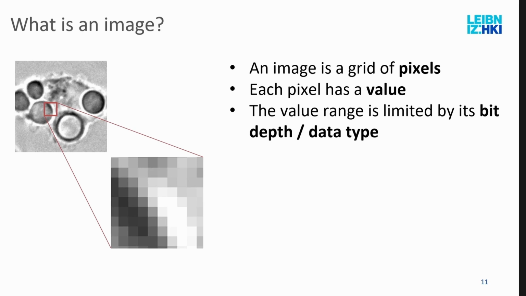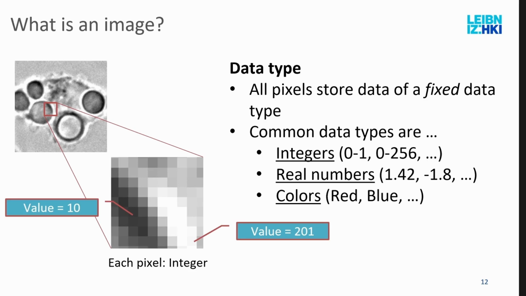It is not possible to put something infinite into a finite space like your 16 or 8 gigabytes of RAM. The actual limit is defined by something called the bit depth or the data type. They are very closely aligned concepts, bit depth and data type. I will explain them in the next slides.